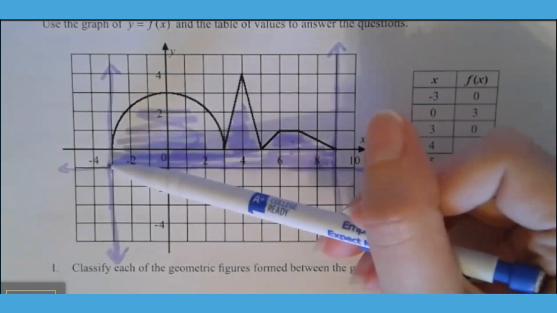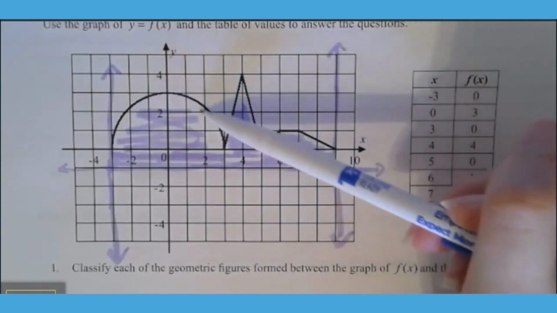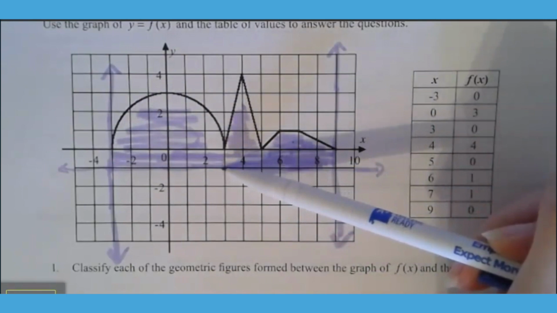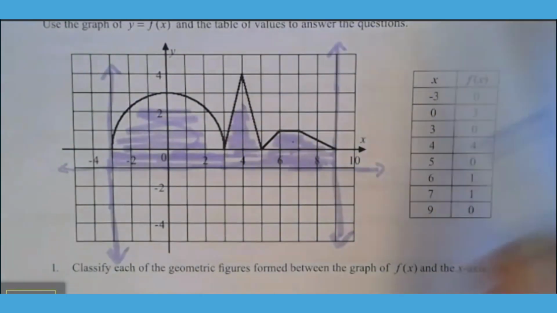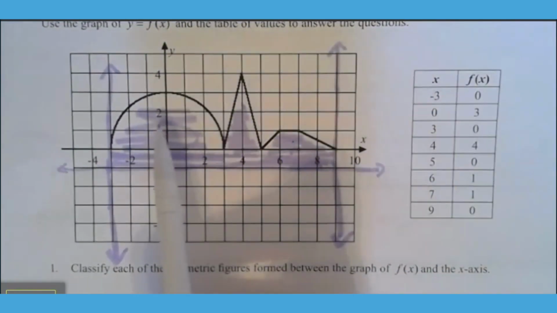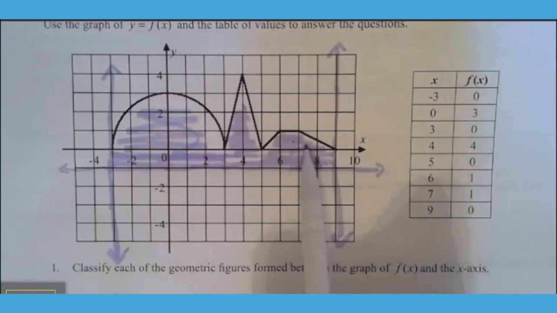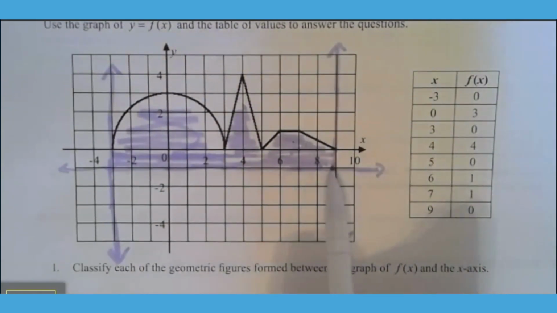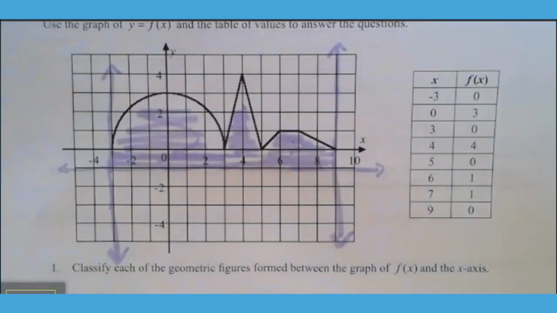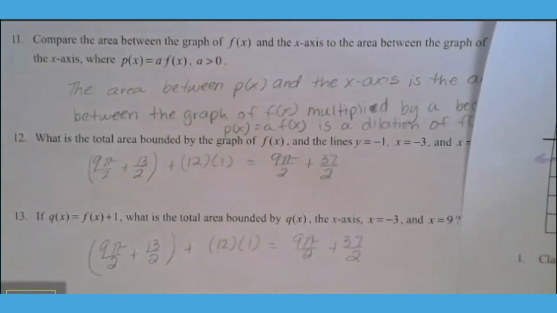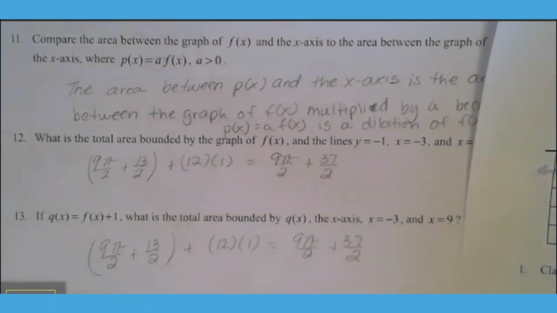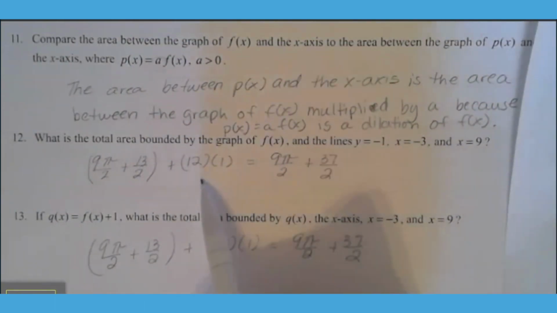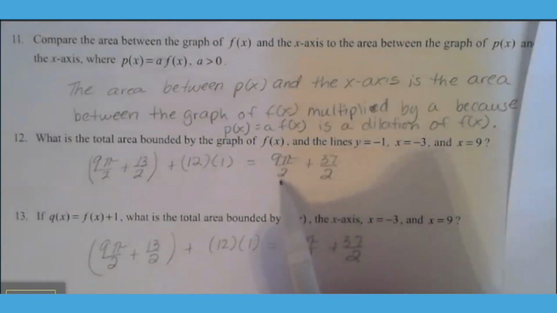Rather than trying to determine what the area of this entire shape is, which is now no longer just a semicircle, we can decompose this into the original area that we do know and the area of this rectangle on the bottom, which is a 12 by 1. So in doing so, we can take our original area and add to that the area of the rectangle to get 9 pi halves plus 37 halves.